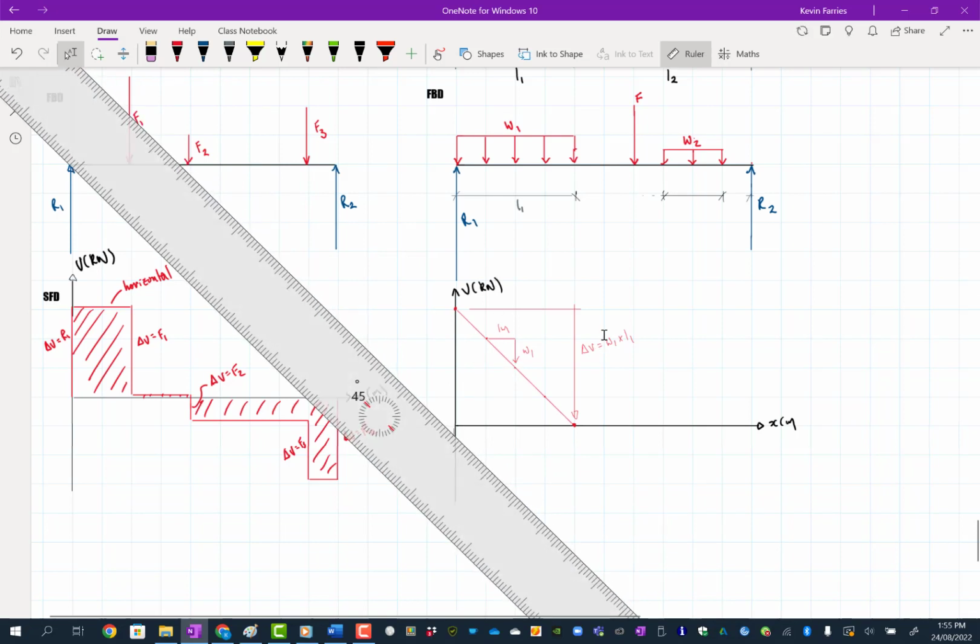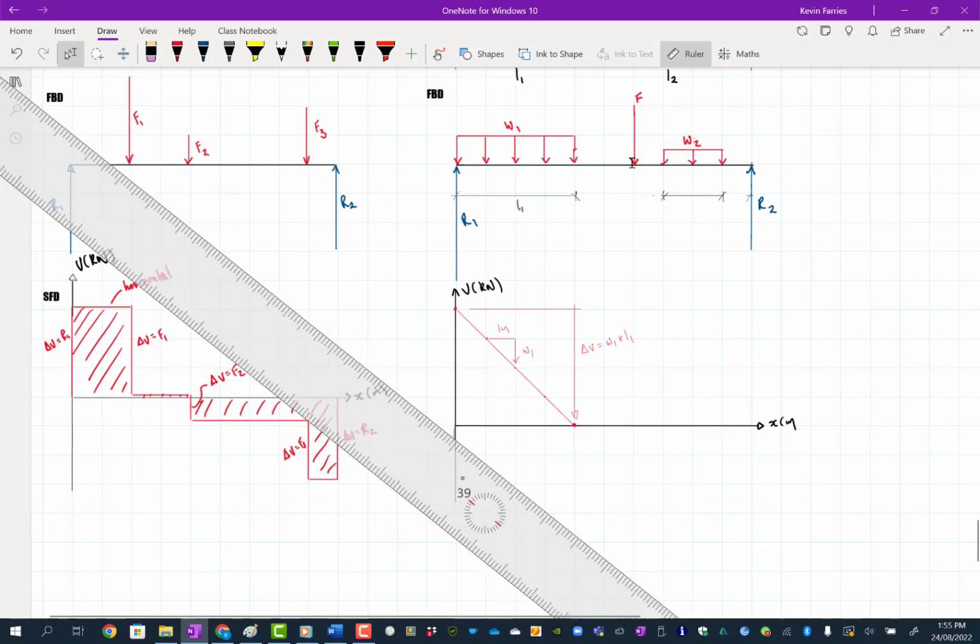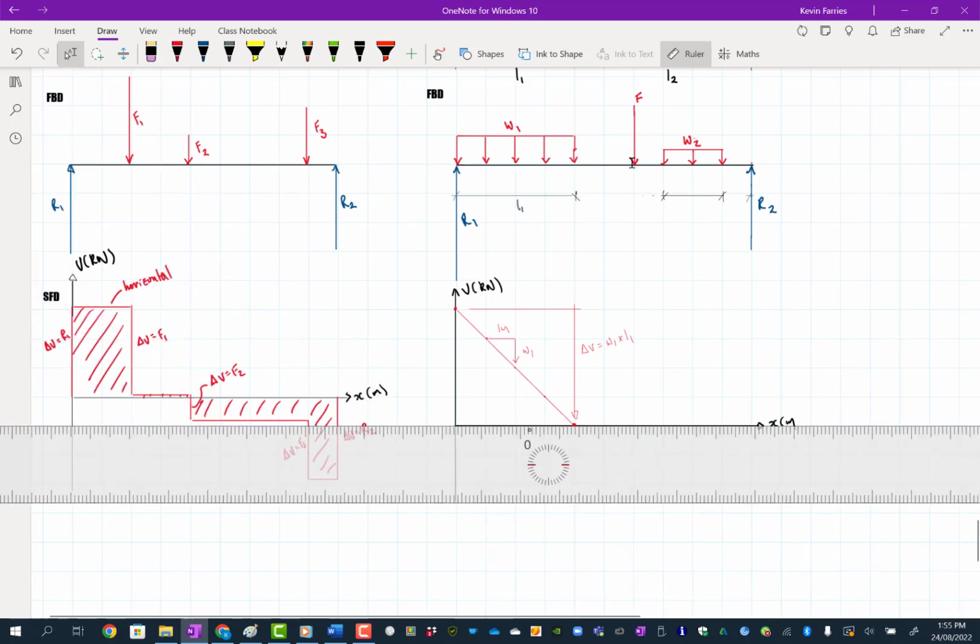The one I usually use, well, this one's nice and easy. You just calculate the total area. It's got to drop by that force. So you just do W1 times the length. It's got to drop by that force and then just draw a straight line between them. But any of those ways works. Now, between here and here it is flat because there's no forces. Then it's just a point load.